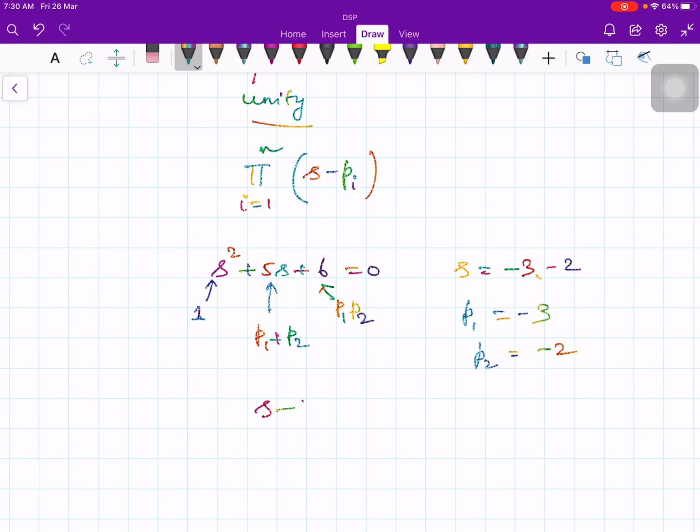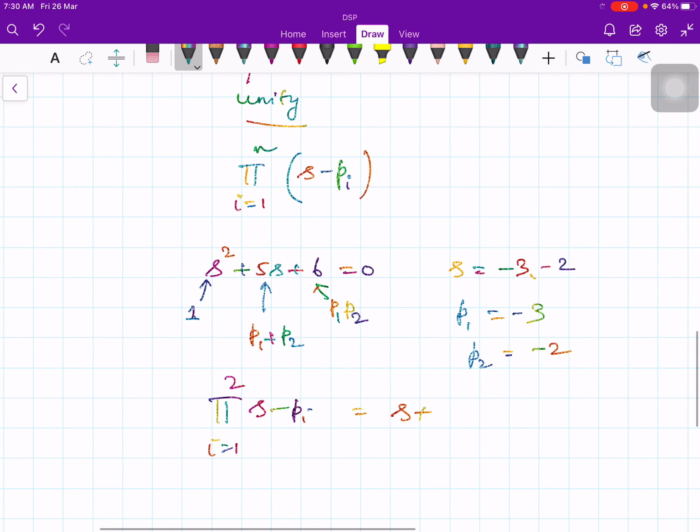Therefore you can write the continued product of (s minus p_i), i equal to 1 to 2, so that is s minus minus 3 and s minus minus 2. You can write it as a continued product of two factors, (s plus 3) times (s plus 2).